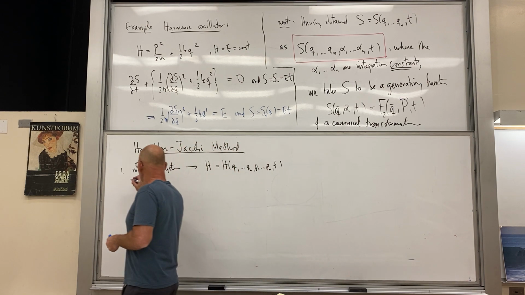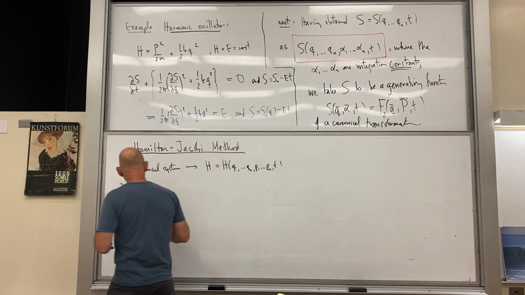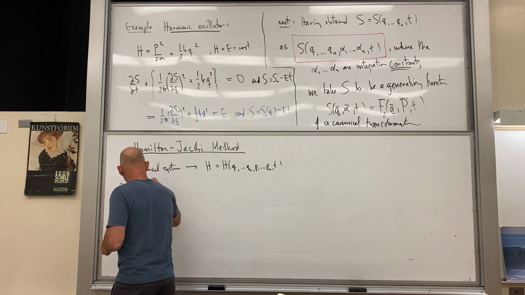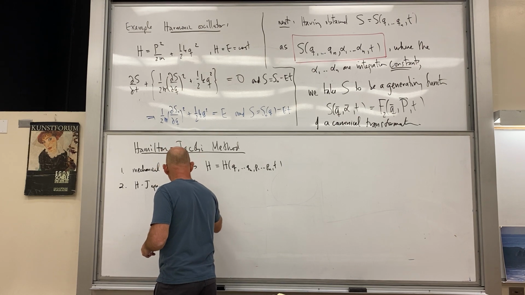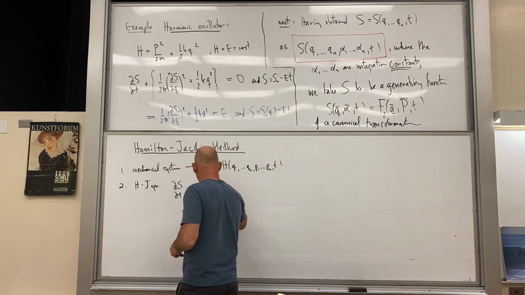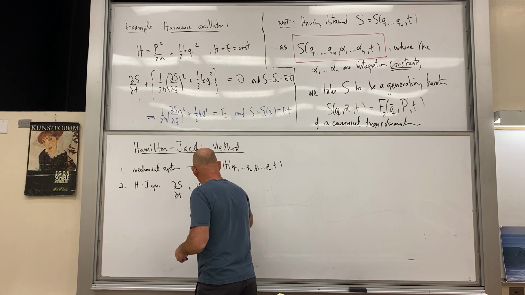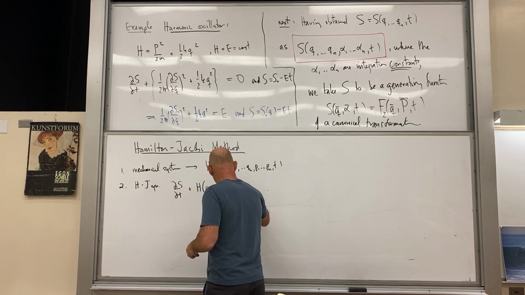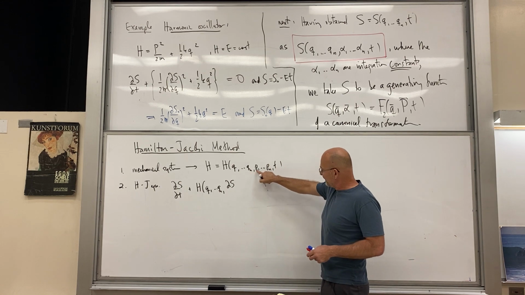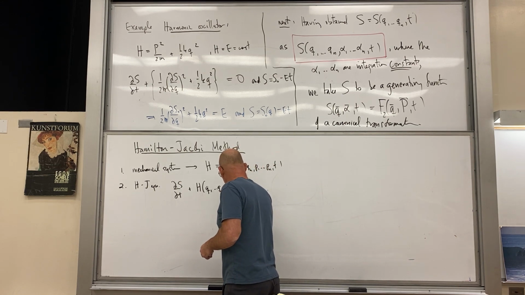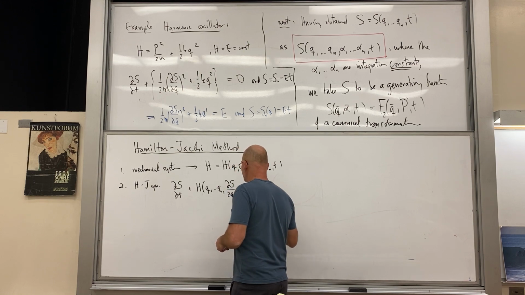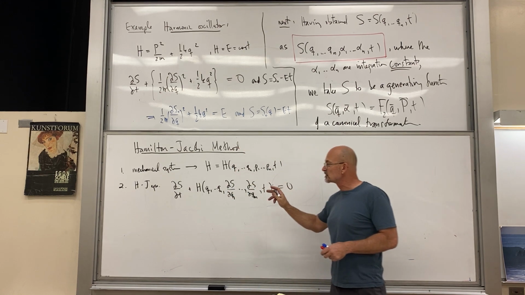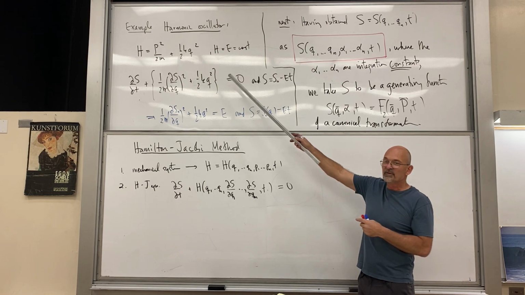Good. So the next step is to write down the Hamilton-Jacobi equation, which we know is ∂S/∂t plus H of q1 to qn, where we replace the p's with ∂S/∂q1 through ∂S/∂qn, and t, equals 0. So that's the partial differential equation that I have up on the board for the harmonic oscillator.